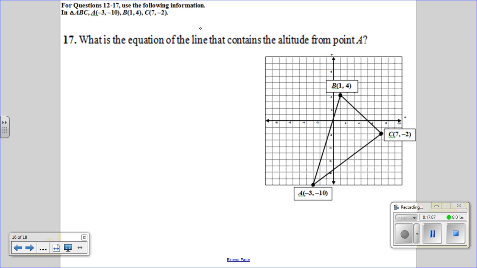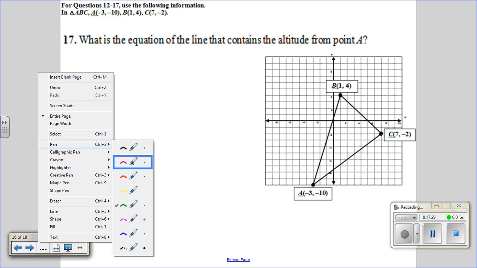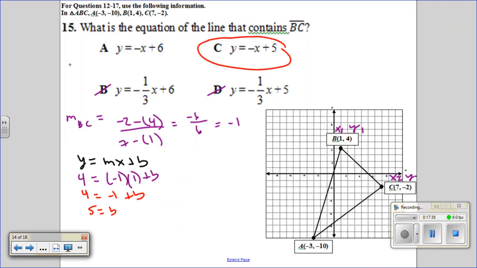And number 17, what is the equation of the line that contains the altitude from point A? So the altitude has to start at point A, and it has to be perpendicular with BC. So I need to know the slope of BC, which I'm sure I found before on a previous page. Negative 1, good.